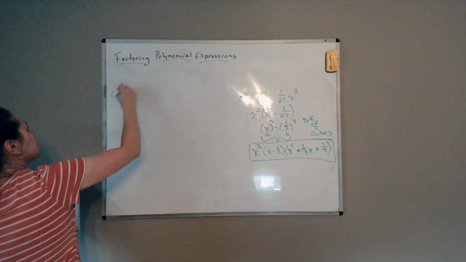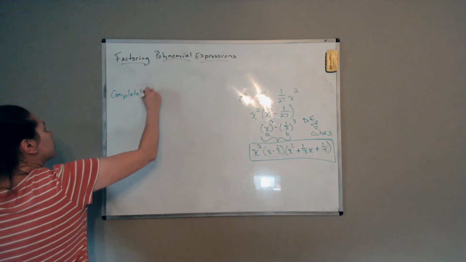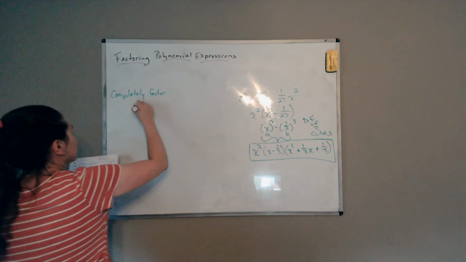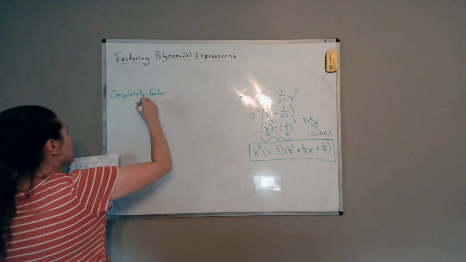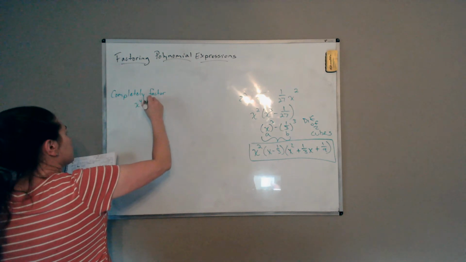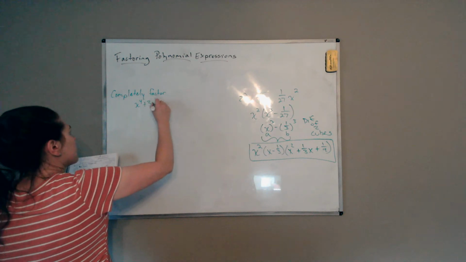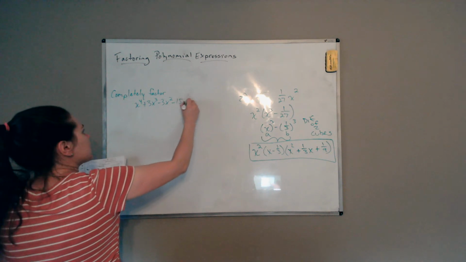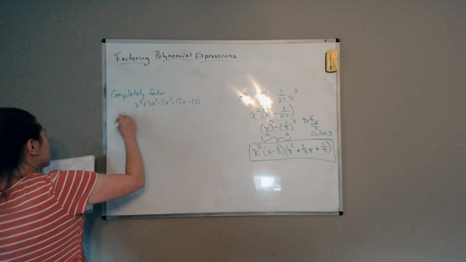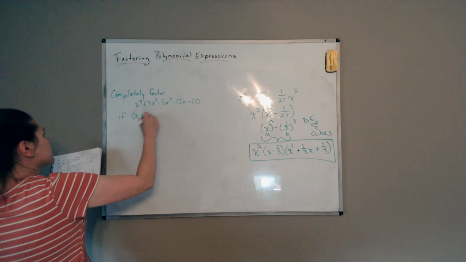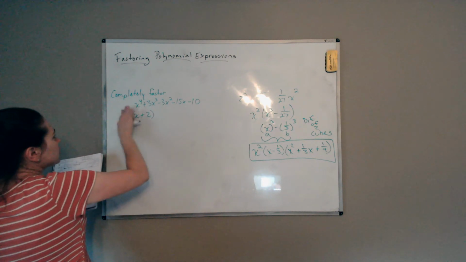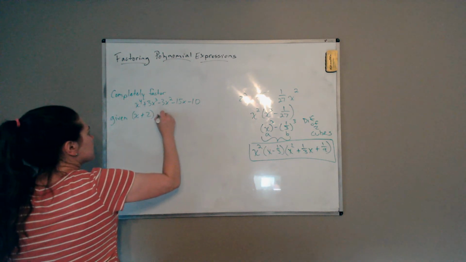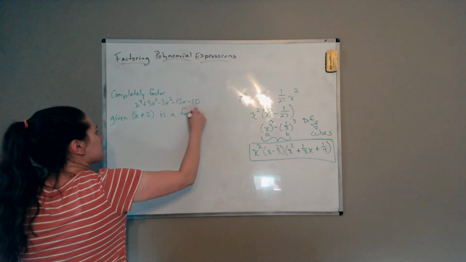So what we'll do right now is completely factor the following expression, which would be x to the 4th plus 3x to the 3rd minus 3x squared minus 15x minus 10, given that x plus 2 is a factor.